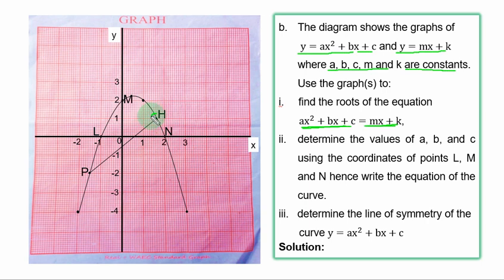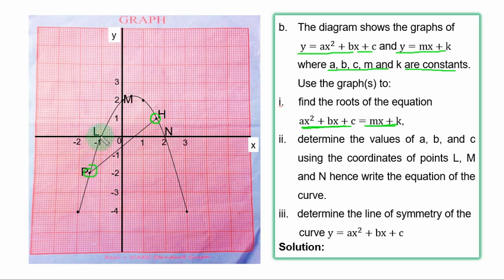So this is one point of intersection. This is another point of intersection. The scale on the s-axis, in fact both axes, is 2 centimeters to 1 unit. That implies that one line is equal to 0.1.